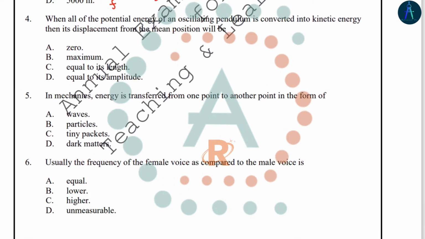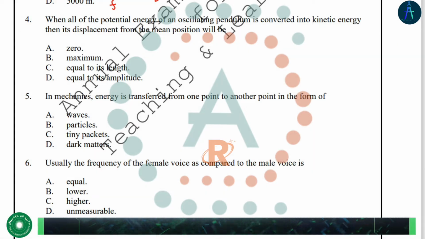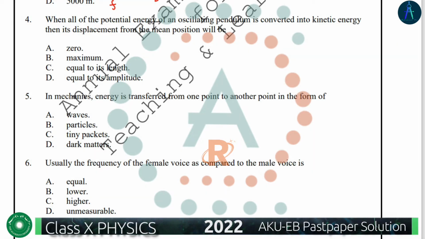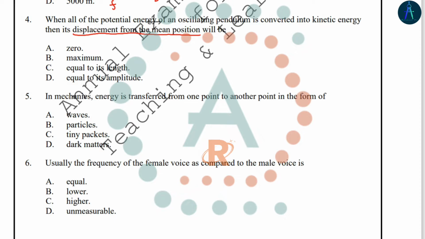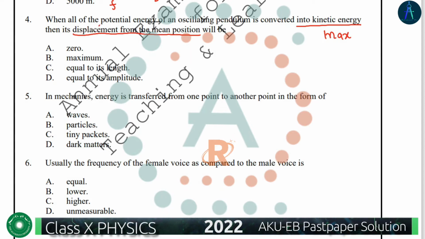Let's see question number 4, 5 and 6. When all the potential energy of an oscillating pendulum is converted into kinetic energy, then its displacement from the mean position will be. So we have to identify the displacement. The question states that all the potential energy is converted into kinetic energy. This means that kinetic energy is maximum while the potential energy is 0.